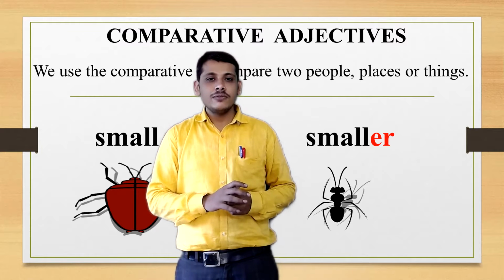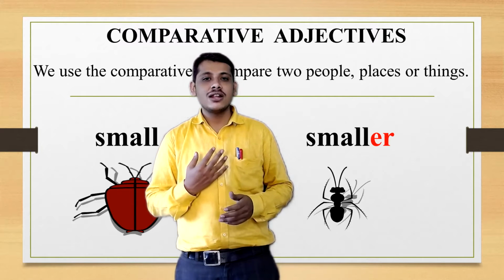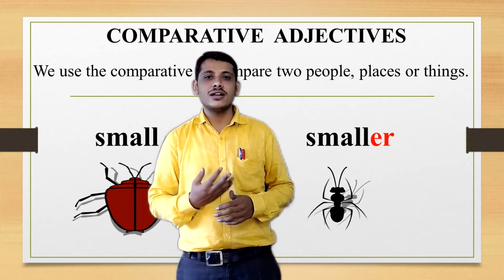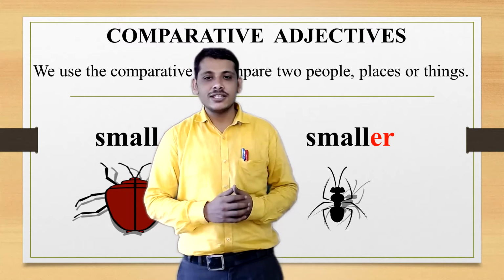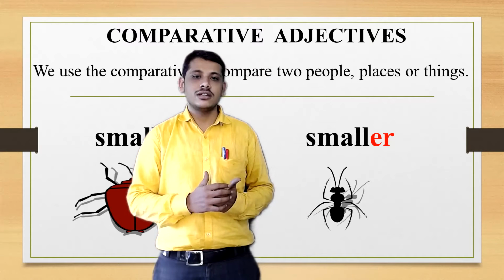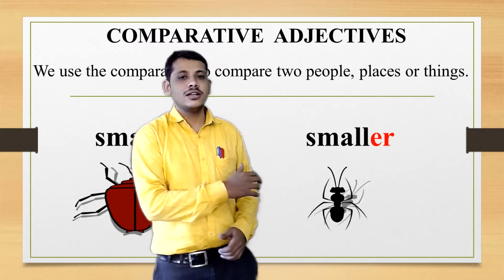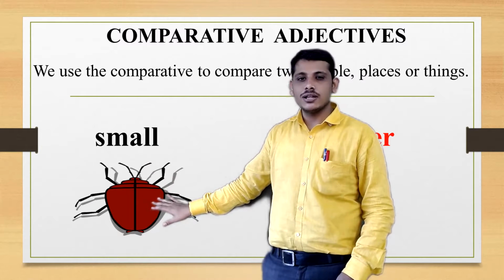So comparative adjectives help us to compare two persons, two things, two ideas, two places, and more than this. Let's have an example. To my one side, I have one insect which is black in color, and to the other side, I have one insect which is brown in color.